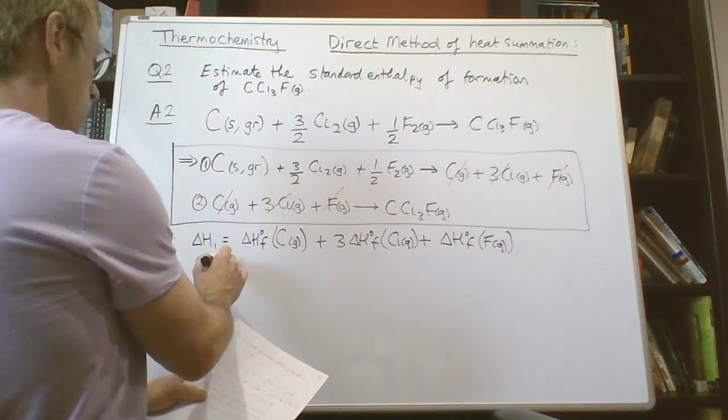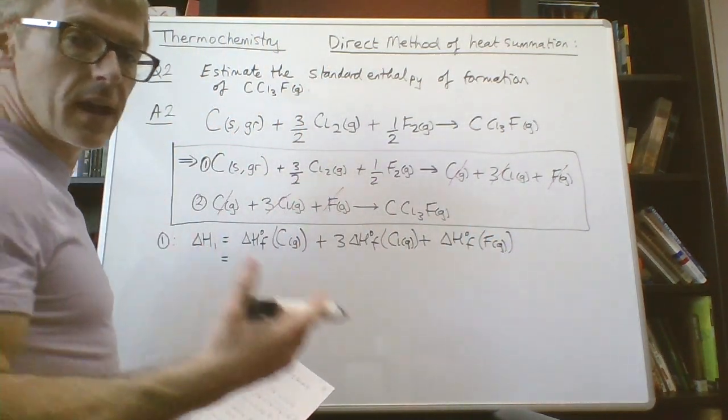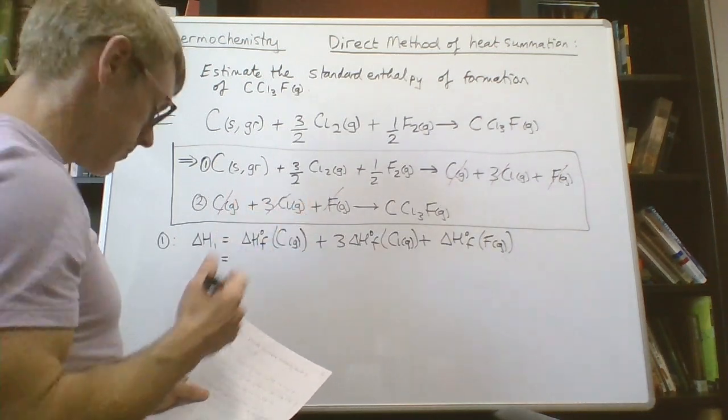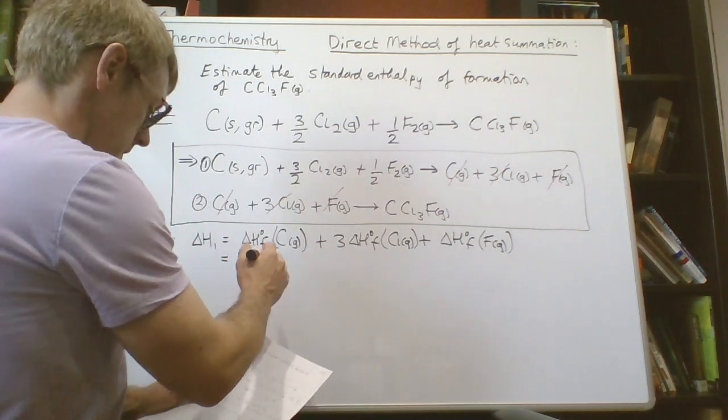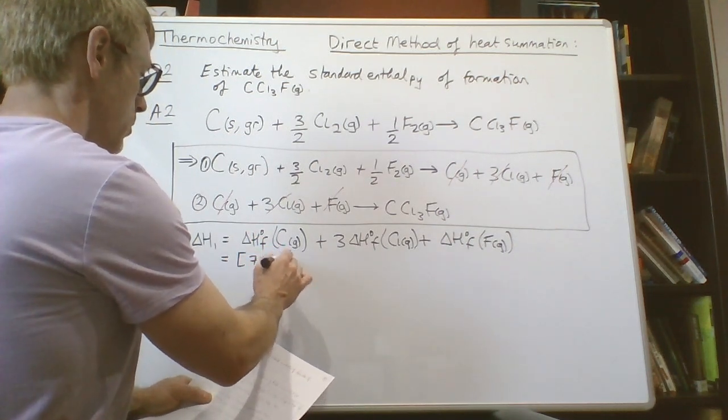Okay. You would be provided with a table, or in a homework question you'd have to look at the appendix in your textbook. So we find this value is 716.7.